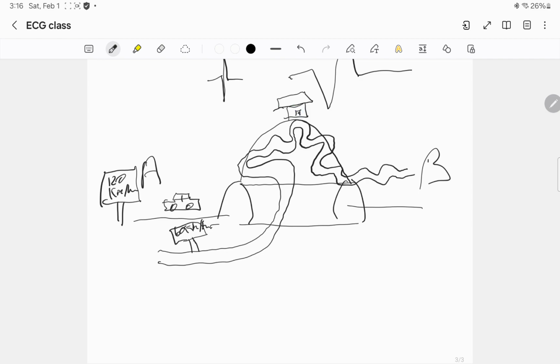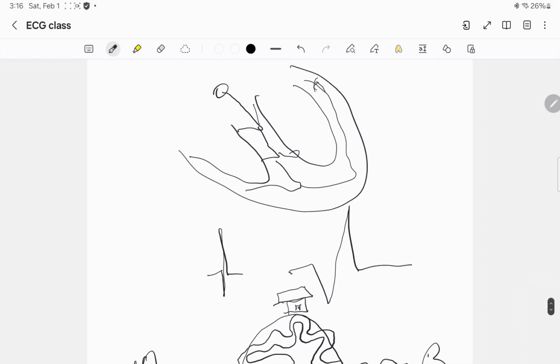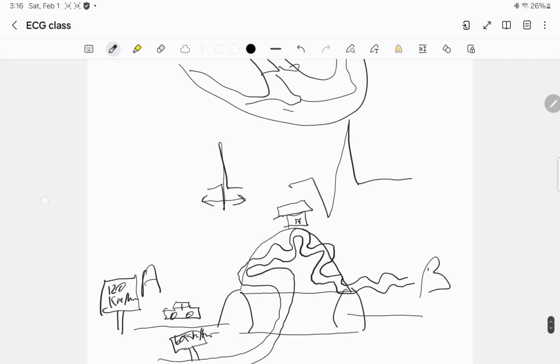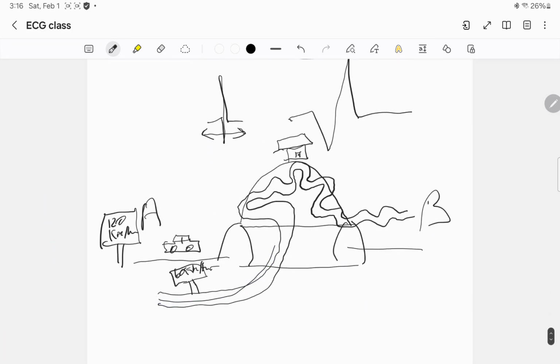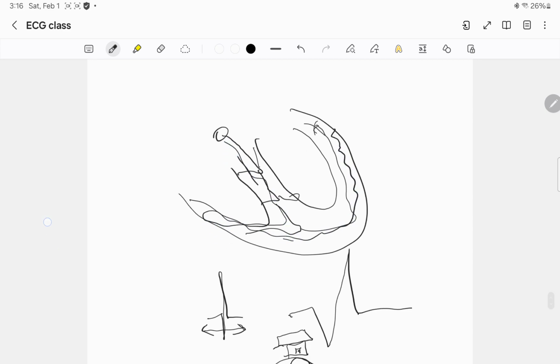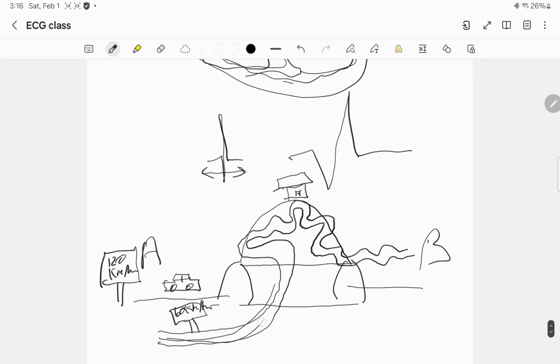So that's the same thing as what's happening in the heart. If you follow the highway, the time taken to depolarize the heart is short, and you get a nice narrow QRS complex like this. If you take the long windy road, so you're depolarizing through the ventricles in a roundabout fashion, it's the same as taking the long hilly route, and it's going to take forever, so you get a wide QRS complex.